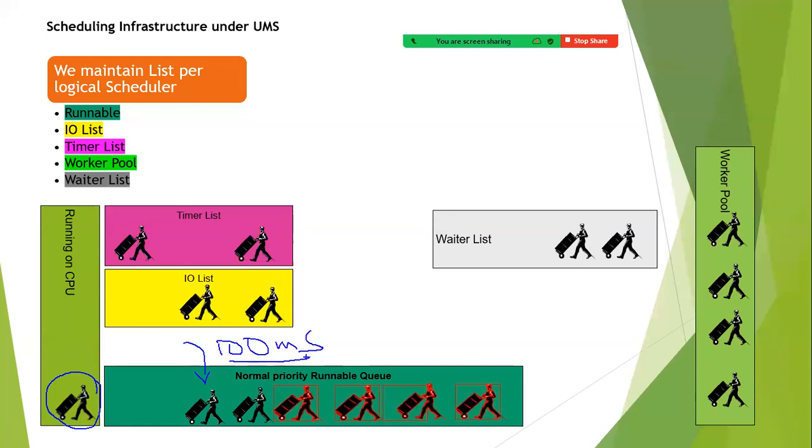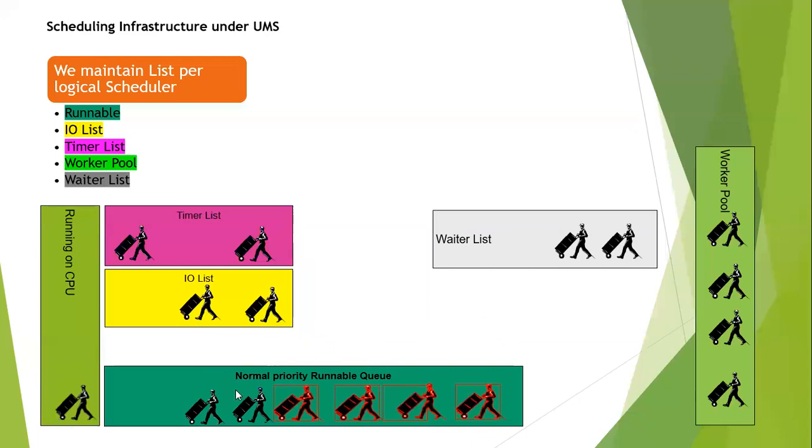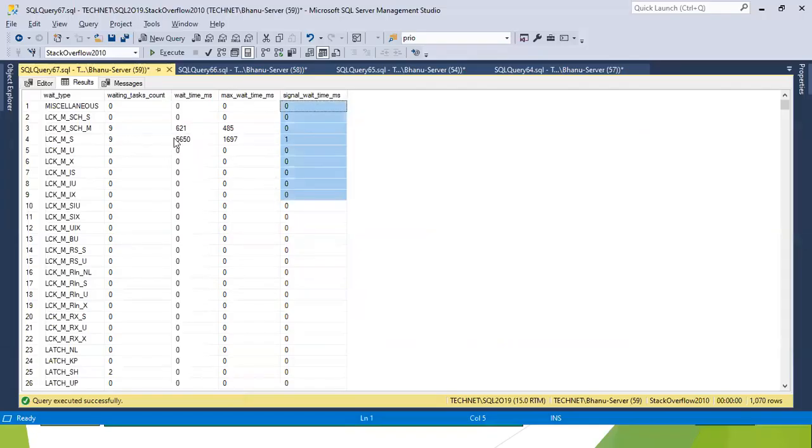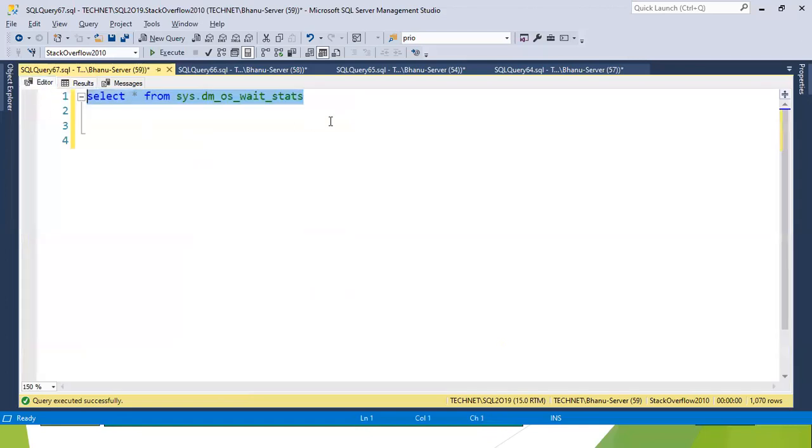Then it will be waiting for 100 milliseconds to get the signal from the thread which is currently running. If it receives the signal in 1 millisecond, then it is fine. If it is waiting for long, then it is considered that some CPU bound query is executing and running long.